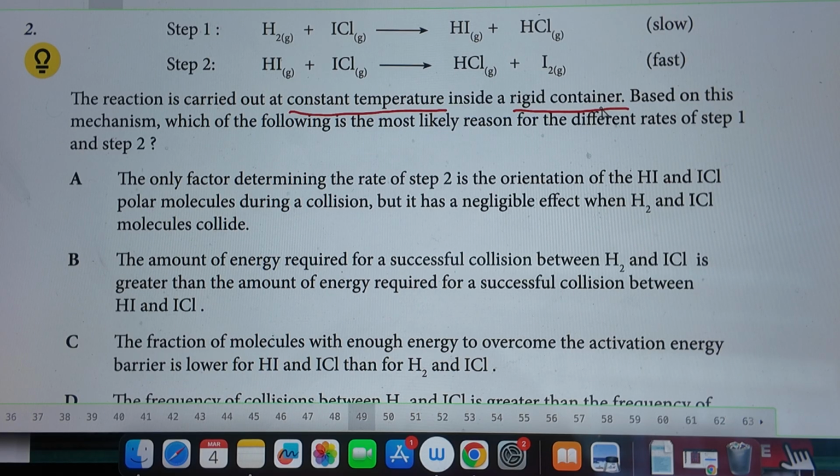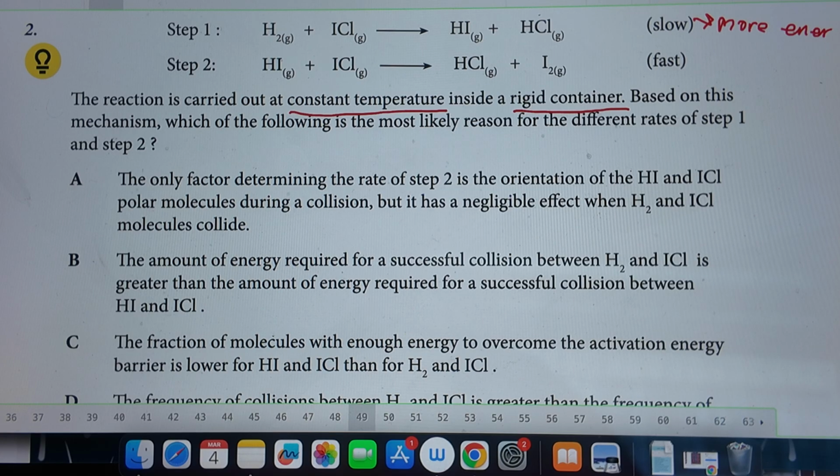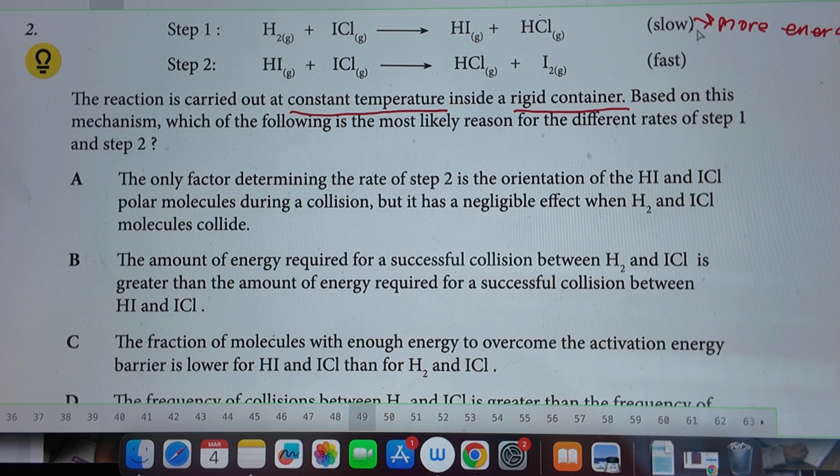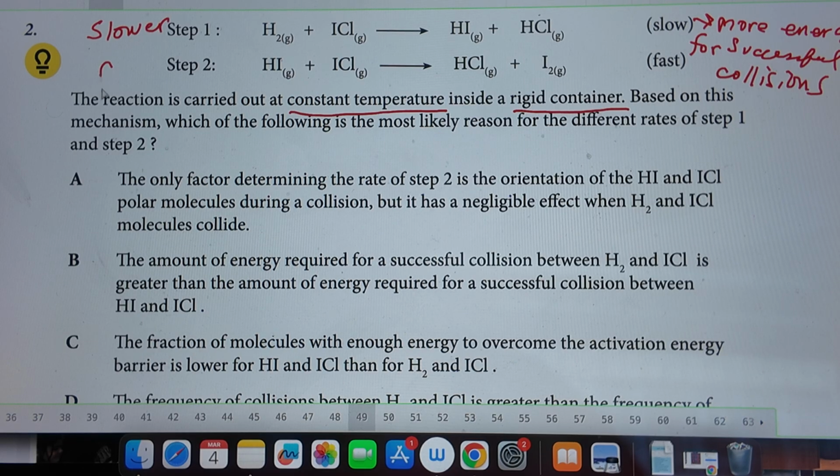At the same temperature, the most likely reason for one step being faster or slower is that step 1 has a higher activation energy. It takes more energy to get started, which takes successful collisions. So this one is slower and this one is faster.